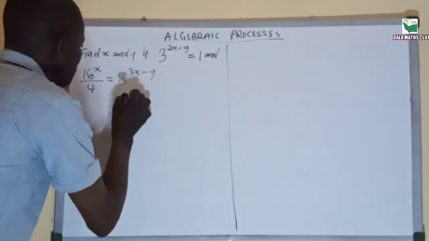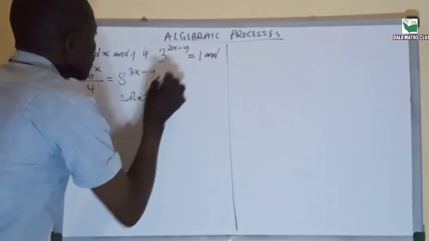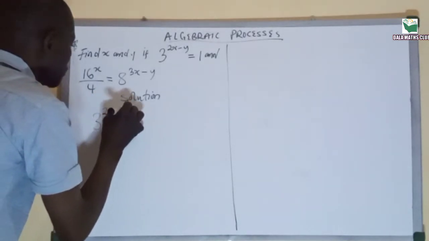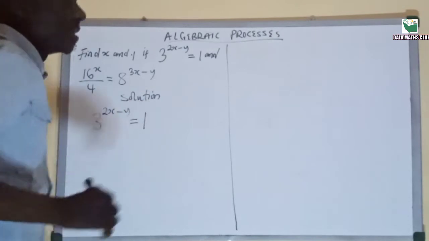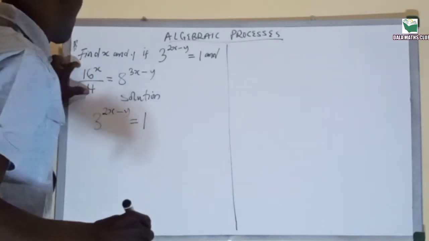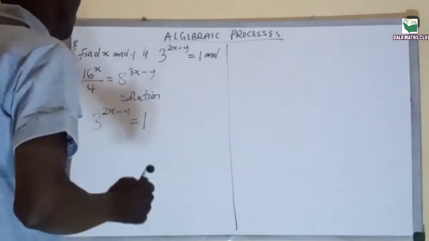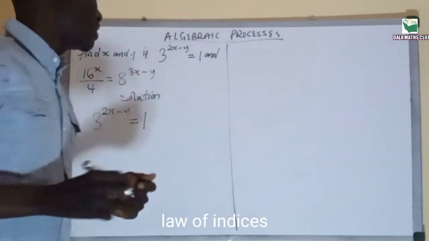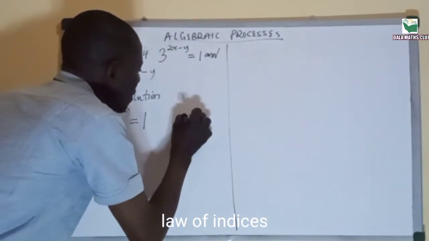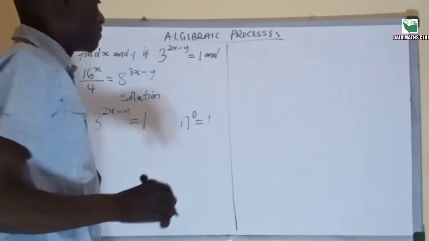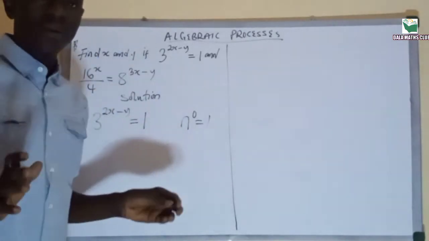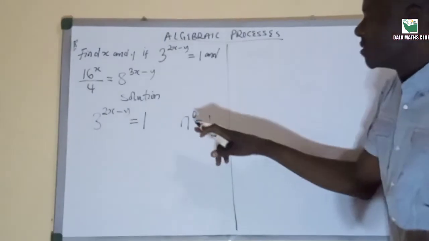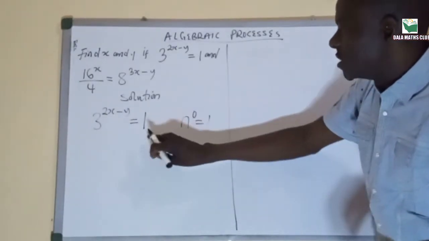For instance, we have to express 3 power 2x minus y is equal to 1 as a linear equation, and also the other one. To do this, we use the law of indices that says n power 0 is 1. This n may represent any number.